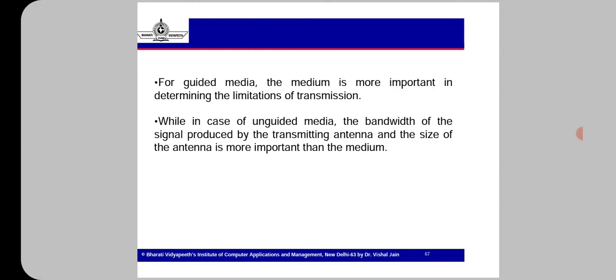Generally, bandwidth is measured in hertz or gigahertz. So, in unguided media, bandwidth is the important parameter. The bandwidth of the signal produced by the transmission antenna and the size of the antenna is more important than the medium.